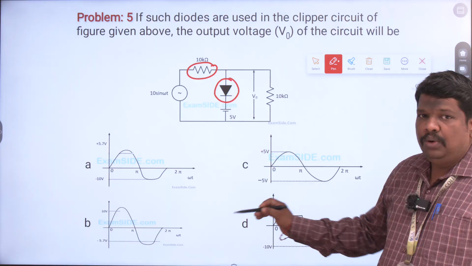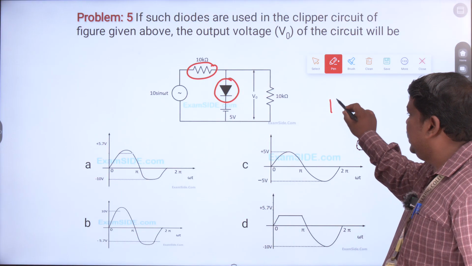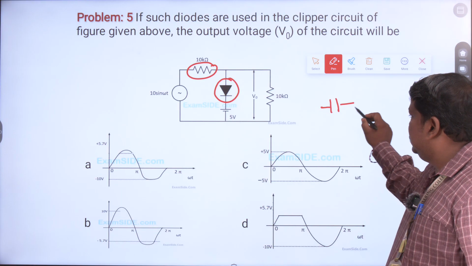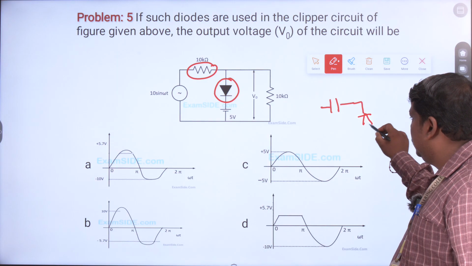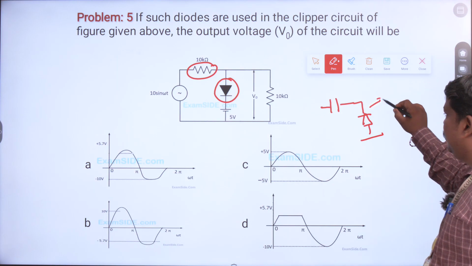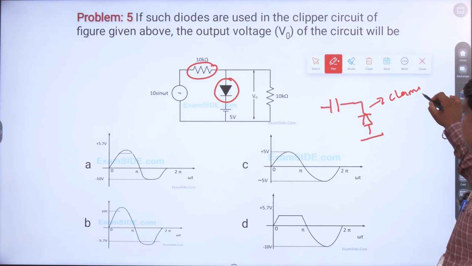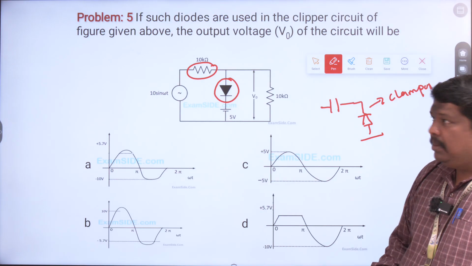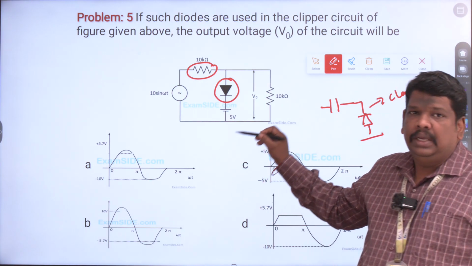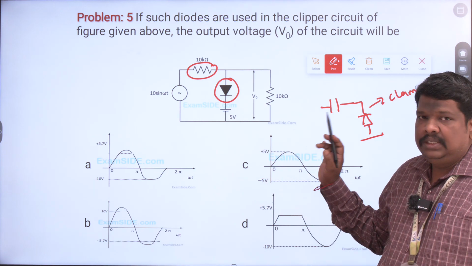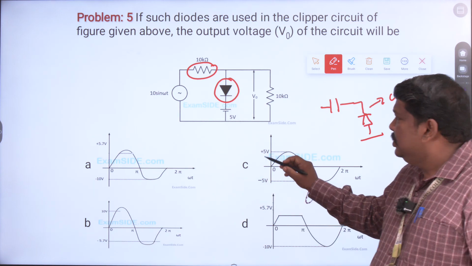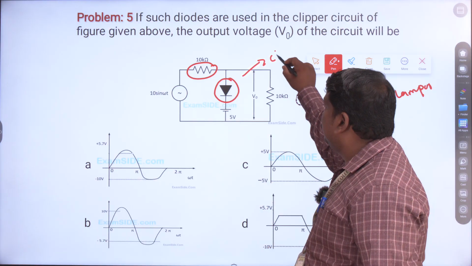What is the output voltage? If a capacitor is connected in series with the diode, then this circuit is called a clamper circuit. But the capacitor is not connected here, a resistance is connected. If the resistance is connected, then this circuit is a clipper circuit.